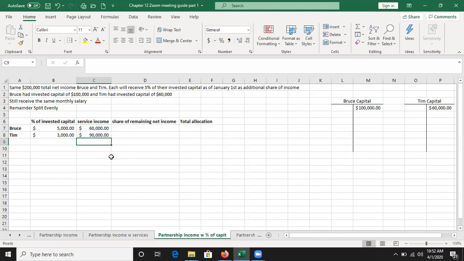Okay. So now, before we can do the share of remaining net income, we have to see what is left for net income. So if I make a total column down here, total invested capital is 8,000. Total service income is 150,000.